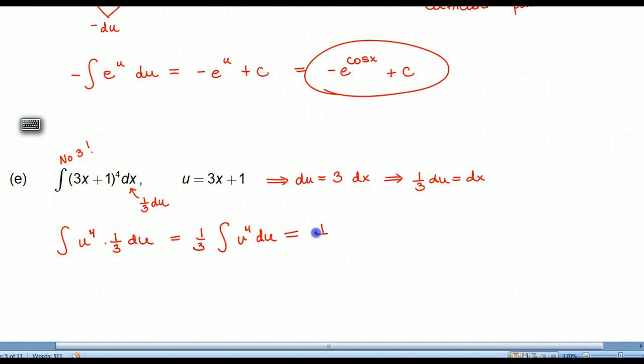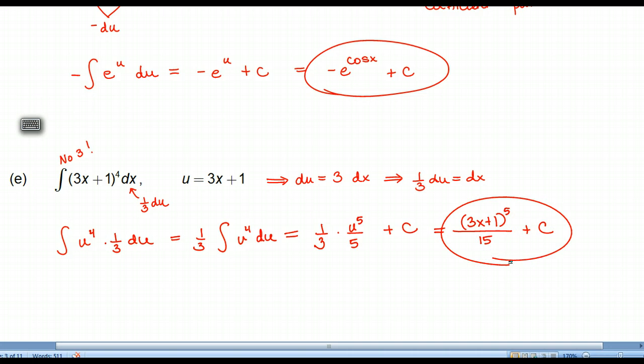So it's going to be 1/3 times u to the 5th over 5 plus c. You don't have to distribute, so it's 3x plus 1 to the 5th over 15 plus c. Or if you want to make it 1/15, that's fine.